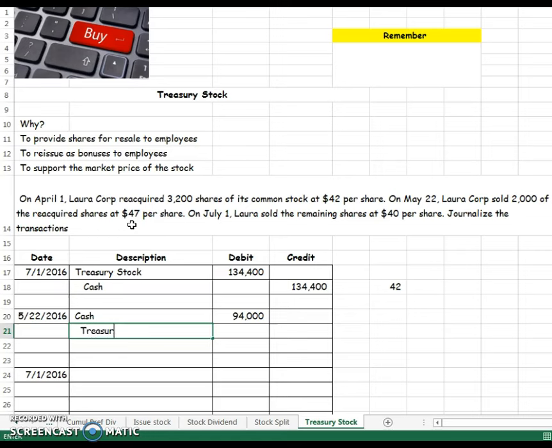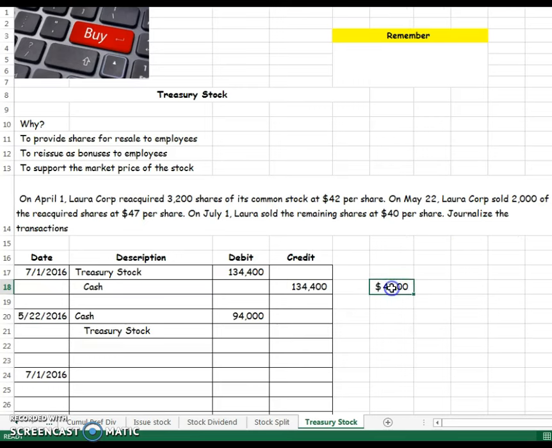What do we sell? Well, we sold our treasury stock, so we need to reduce that. Earlier we debited it to make it go up, so now we're going to credit it to make it go down. But let's talk about what price we got to sell it at. We can only ever record it at the original price that we bought it for. So we need to look up here. What did we buy it for? $42 a share.